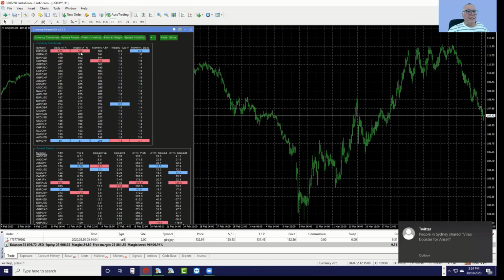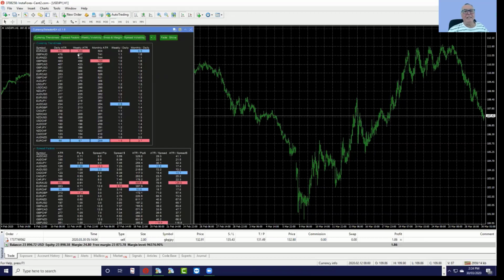The interesting thing about this is that the daily volatility is much higher than the weekly volatility. That's very unusual. Normally the daily is a lot smaller than the weekly, but in this case, and in many cases, if you look down that list, the daily volatility is bigger than the weekly.